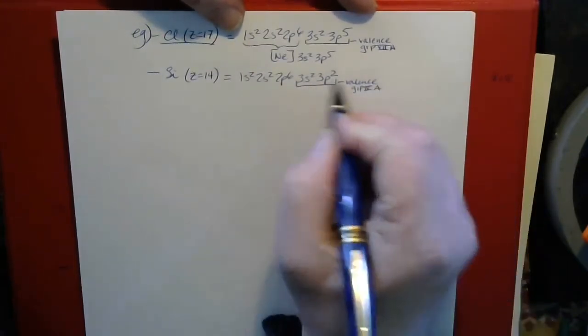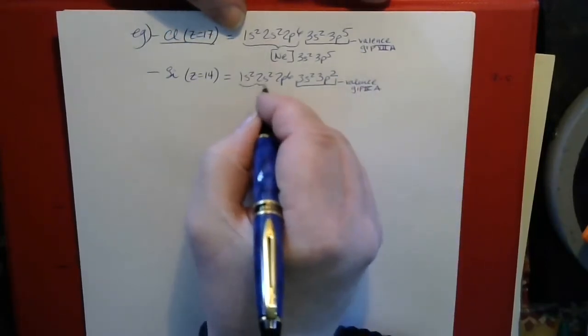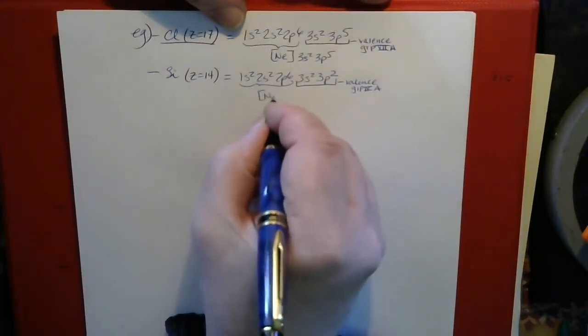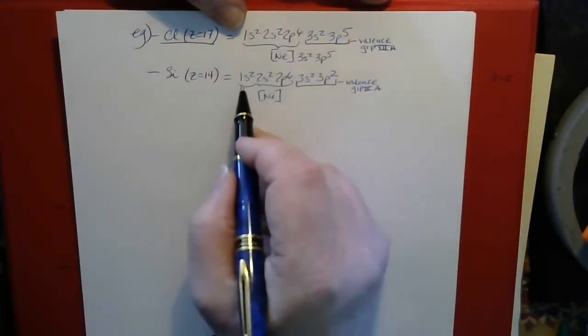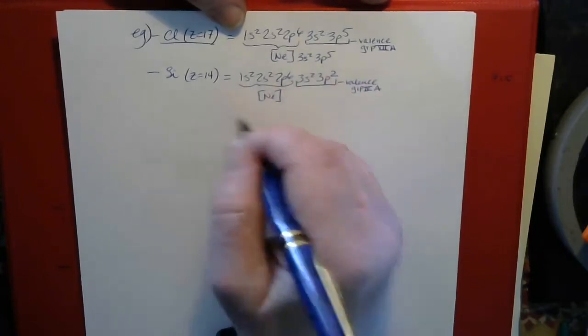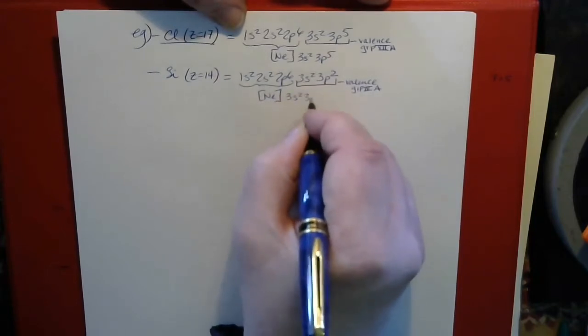And silicon is in group 4A. If you look at the last previous noble gas, it is neon, which has 10 electrons and this electron configuration here. So silicon would be neon plus 3s2, 3p2.